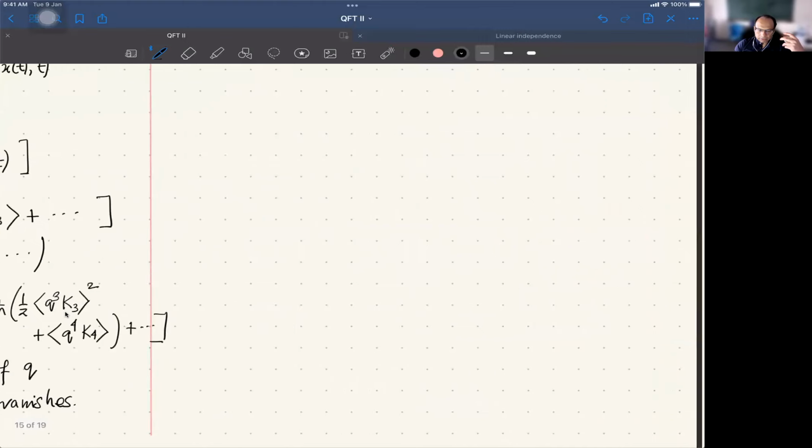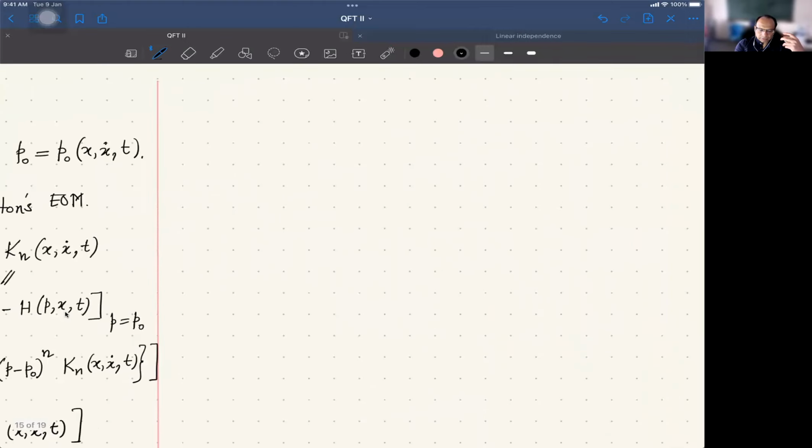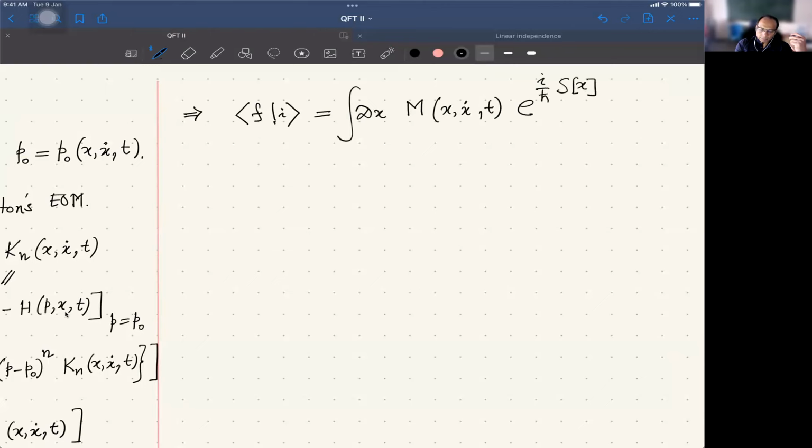Therefore, the general structure of the result can be written in the following way. It is given by integral dx, some m(x, ẋ, t), times e to the power i by ħ S of x, where m(x, ẋ, t) is equal to m0 plus ħ m1 plus ħ² m2 and so on.